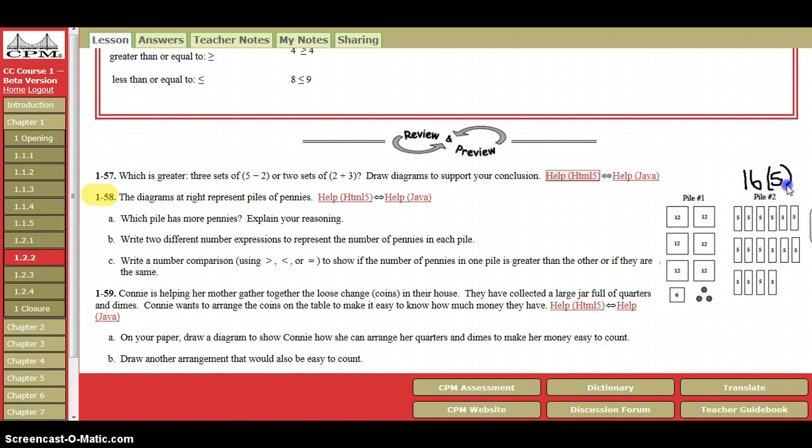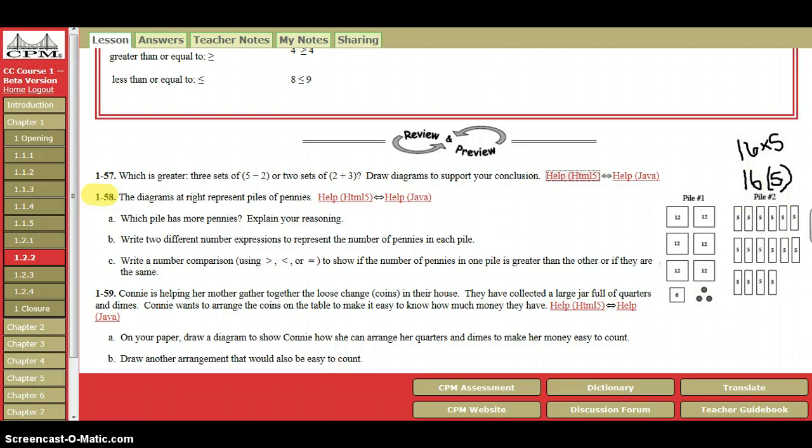There's also other ways to write it. You could write it 16 times 5. Okay? Both of those are expressions because they don't have an equal sign. This is just representing the amount that is in pile number 2. It's your job to work on pile number 1, which is a little bit more difficult.